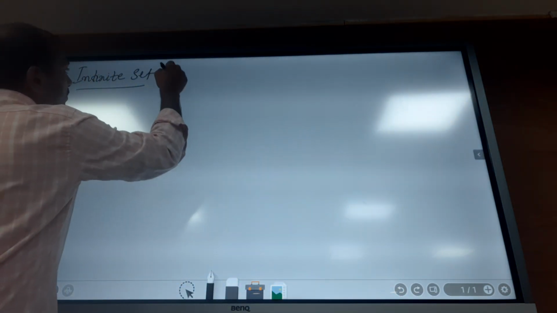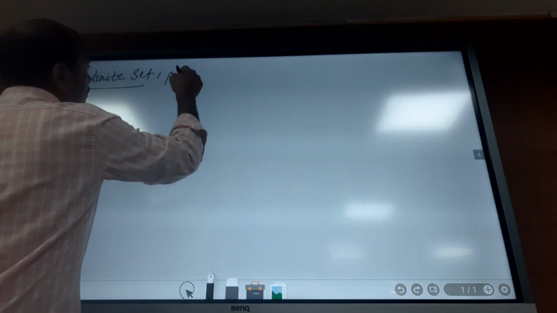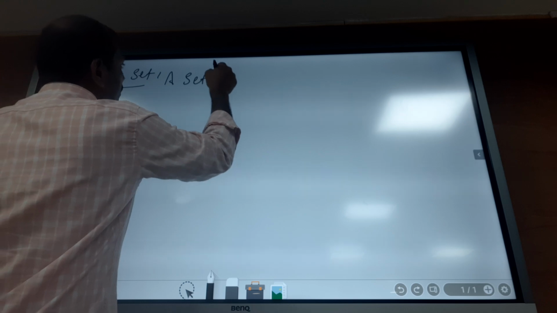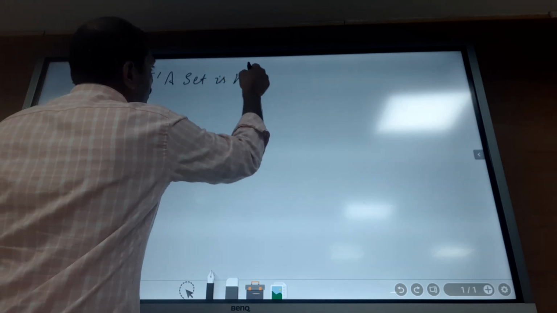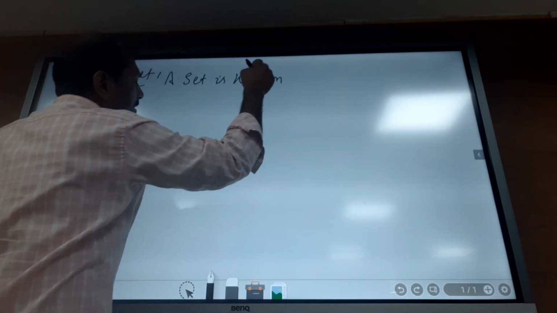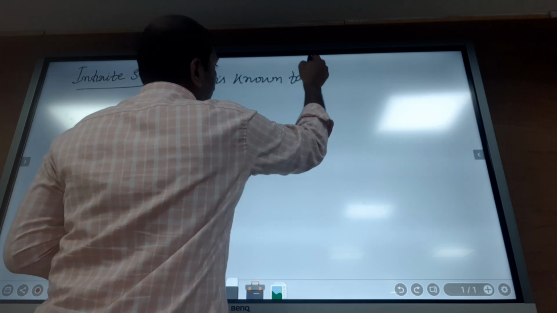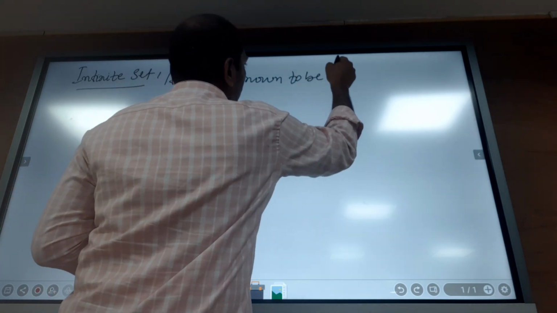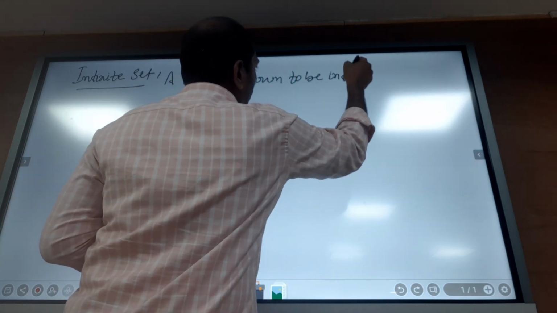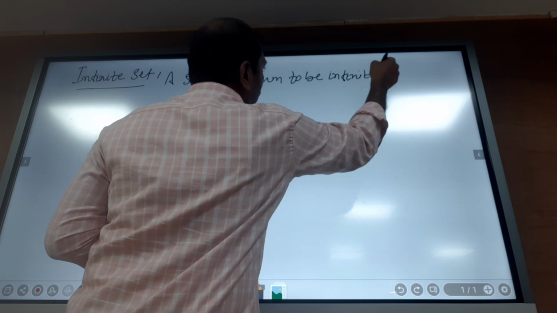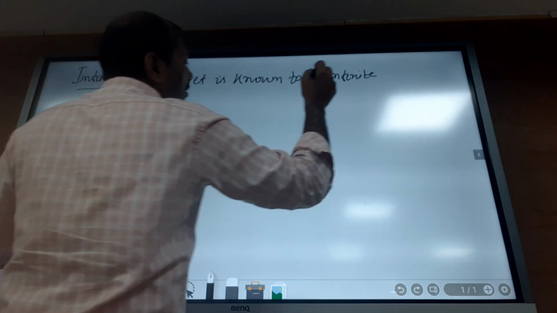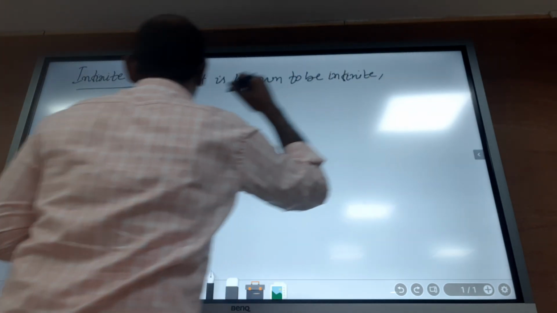A set is known to be infinite whose members are countless.